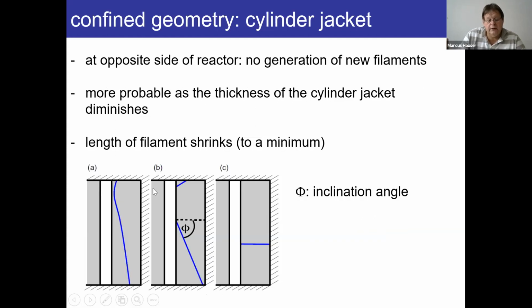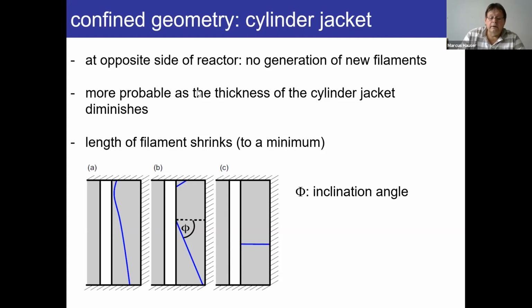What happens is, this kind of dynamics happens if, by some noise, the filament hits the wall. And if it hits two opposite walls of the cylinder jacket, then what will happen is what we have seen already: because of the gradient, we will have a reorientation and a shortening of the filament.